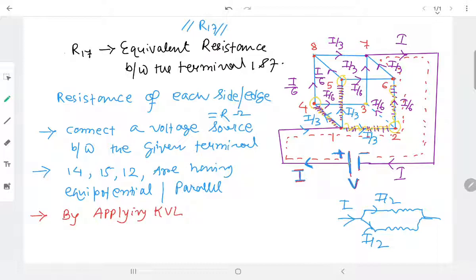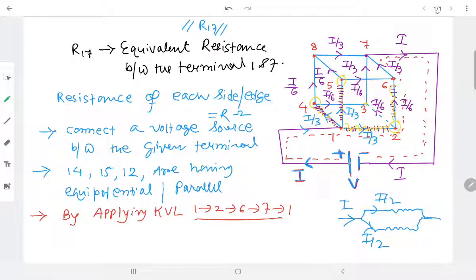What is the path? 1, 2, 6, 7 and 1. This is the path. So we can write it in this way also: from 1 to 2, 2 to 6, 6 to 7 and 7 to 1. So in this way we can apply the KVL.